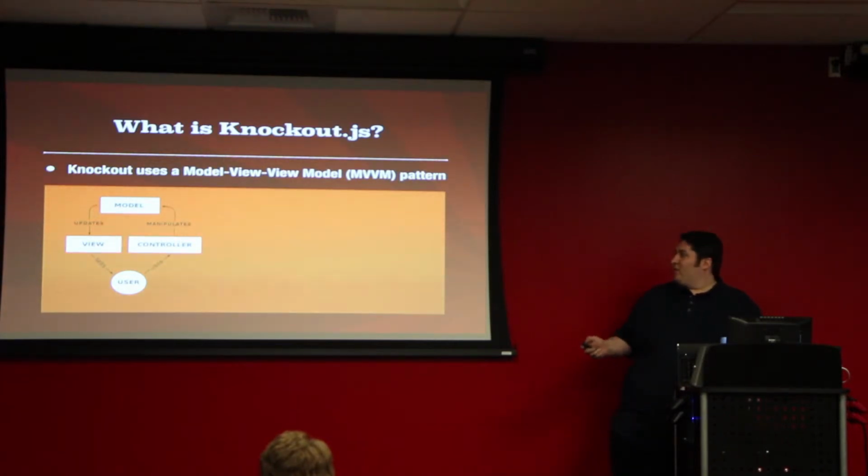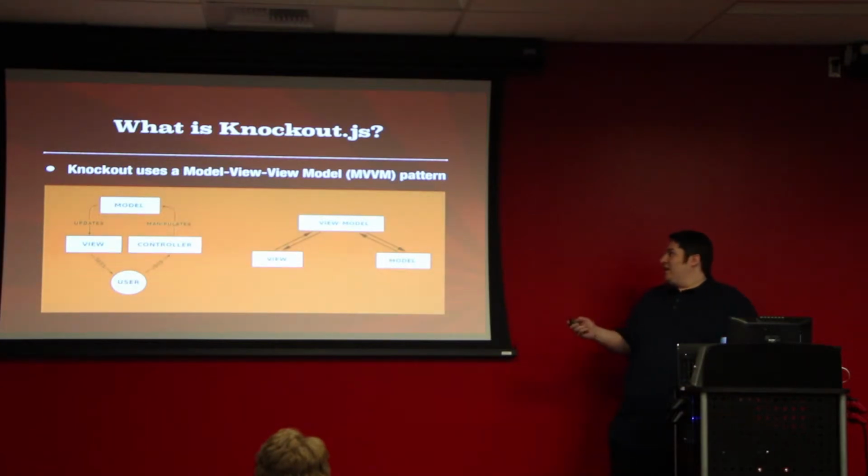So you might be kind of familiar with it. But Knockout is a little bit different. It has a model and a view model and a view. What that really represents is that when you change one item here, it changes here and is represented there. When you change something here, it replicates it here and is then immediately represented in there. So I'll show you a little bit what that means, hopefully by the end of the presentation, and it'll make a little more sense.